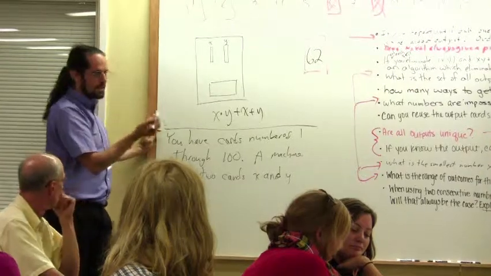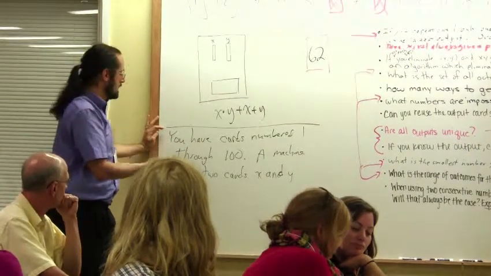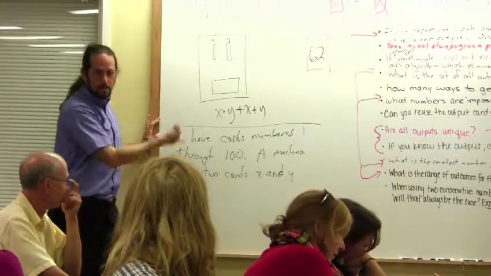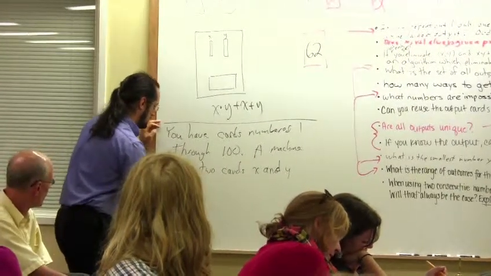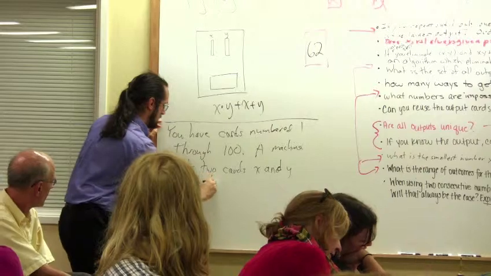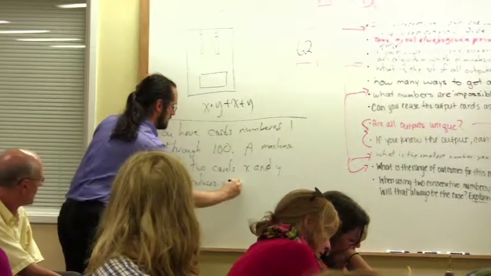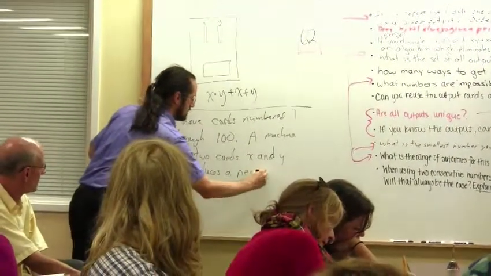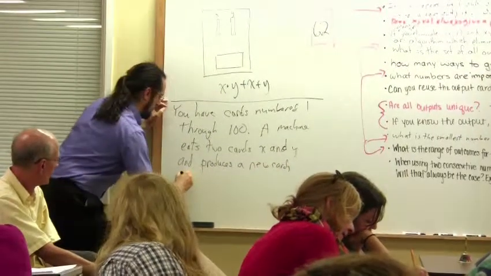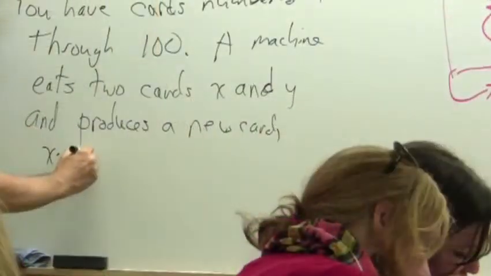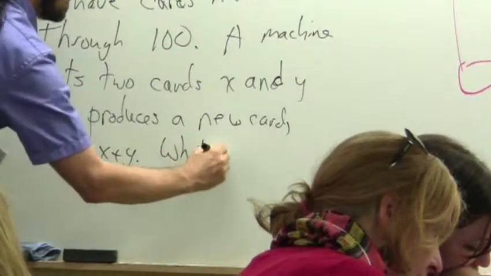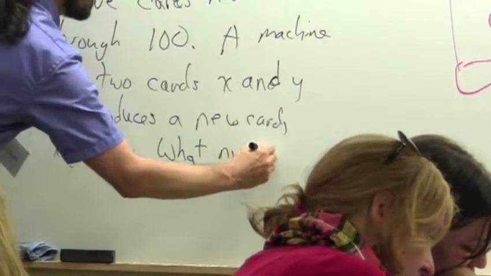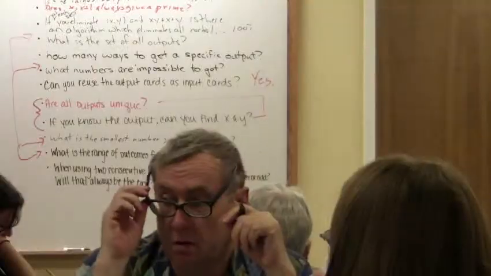I obviously don't expect them to get as far as I expect you to get, but I just don't say X and Y. I just explain what the machine does, right? And produces a new card, X times Y plus X plus Y. What numbers are possible for the final card?